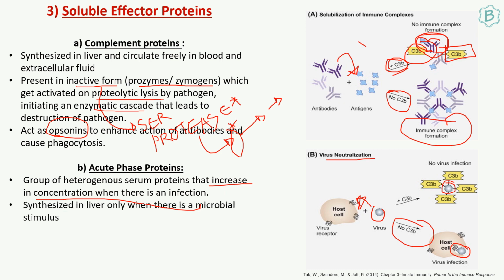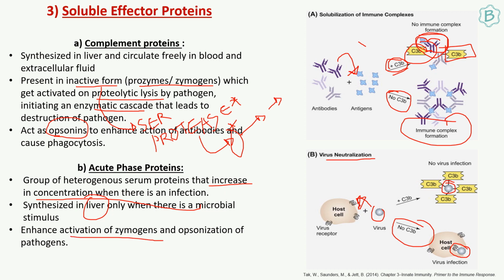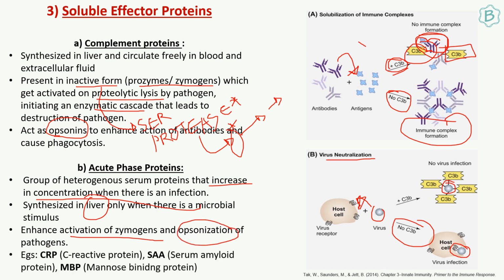They are synthesized in the liver and they will enhance the activation of zymogens, which is the inactive form of complement proteins, and thus they will help in opsonization as well. Some types of acute phase proteins are C-reactive protein, serum amyloid protein, and mannose binding protein.